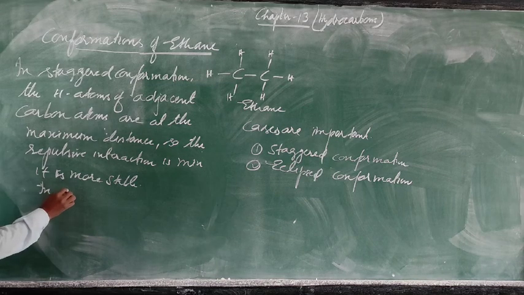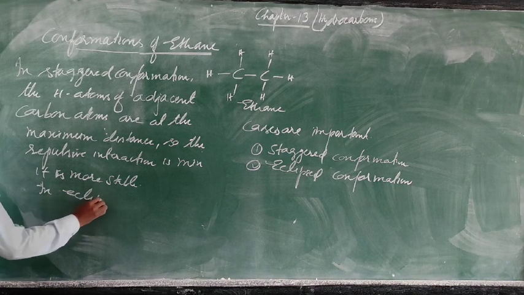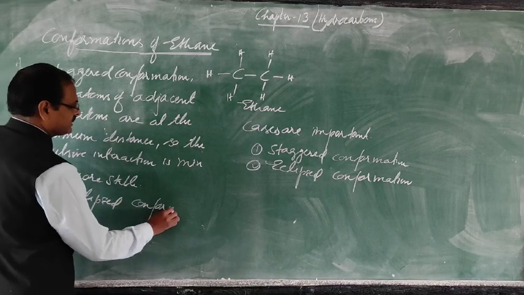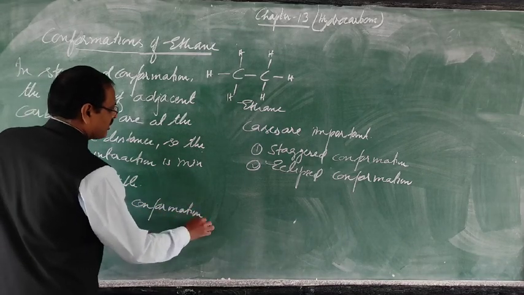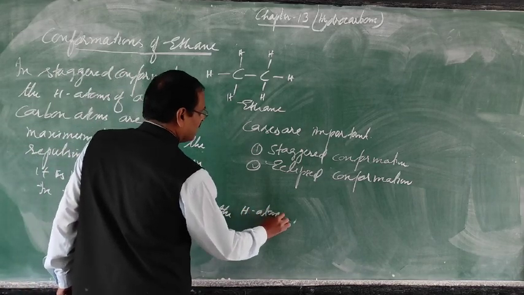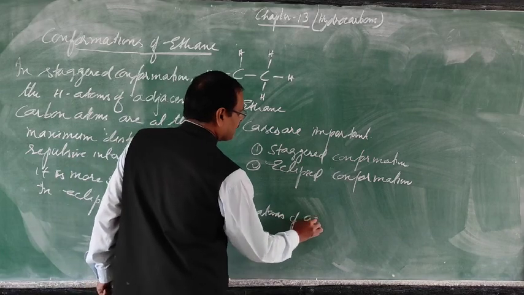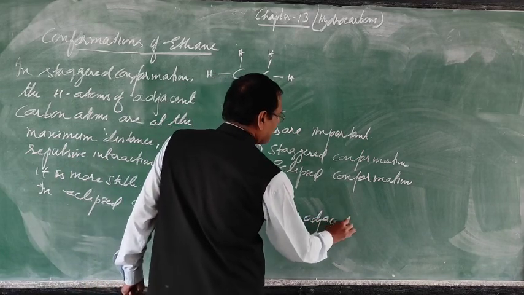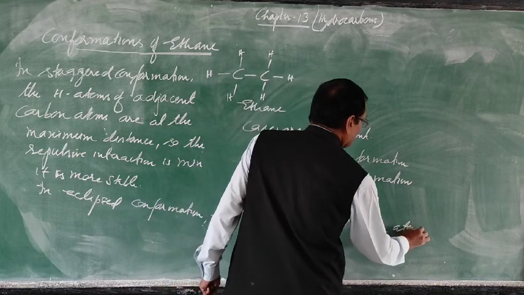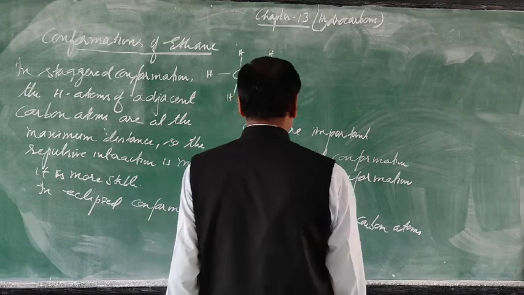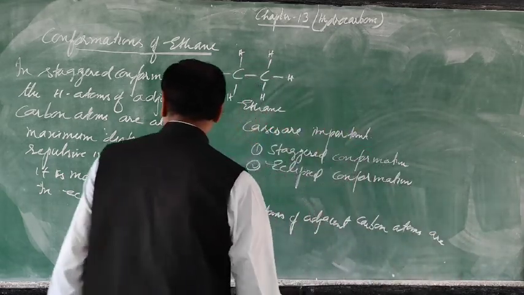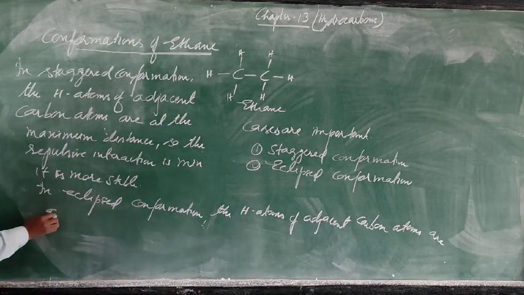Then next one is the eclipsed conformation. In the eclipsed conformation, the hydrogen atoms of adjacent carbon atoms are at the minimum distance.